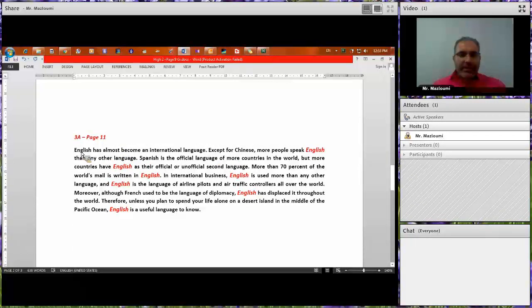English has almost become an international language. Except for Chinese, more people speak English. So here, instead of it, we say English. Than any other language. Spanish is the official language of more countries in the world, but more countries have English, another one, as their official or unofficial second language. More than 70% of the world's mail is written in English. Again, another word, we need to replace it.